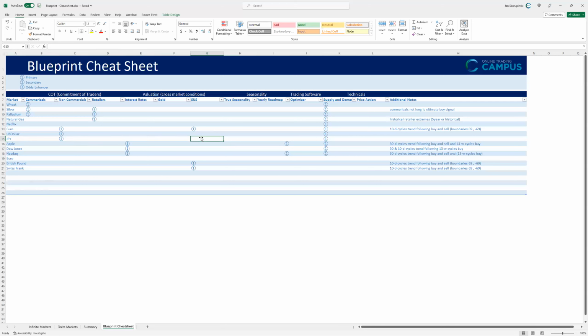So if I'm going to put this here on the Japanese yen, what I would say is it's either an odds enhancer, if we apply it with the right context, or it's a secondary tool, right? Here we could say we're going to look at the non-commercials, and then we're also going to look at over or undervalued.